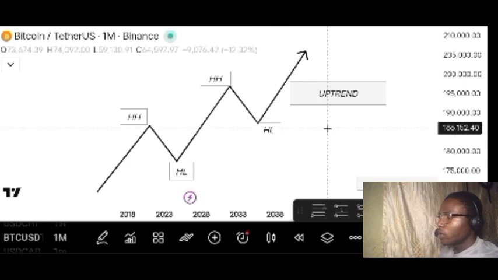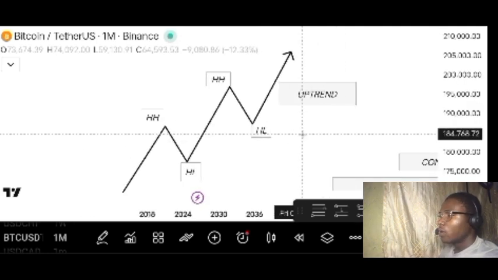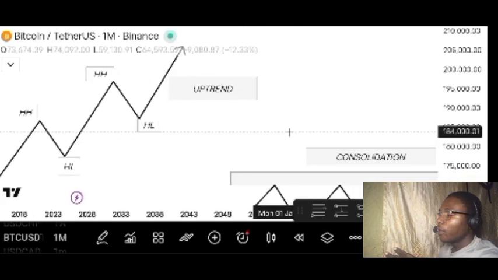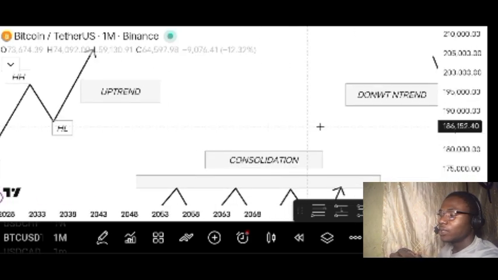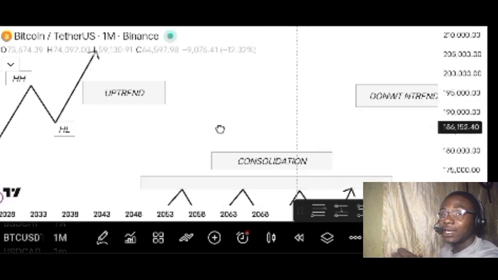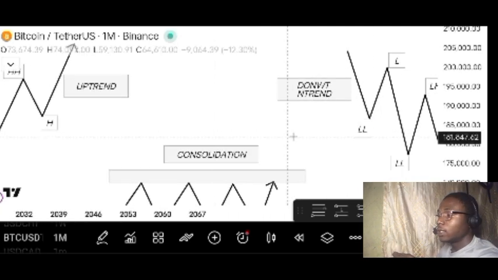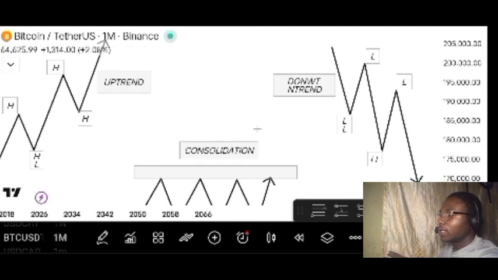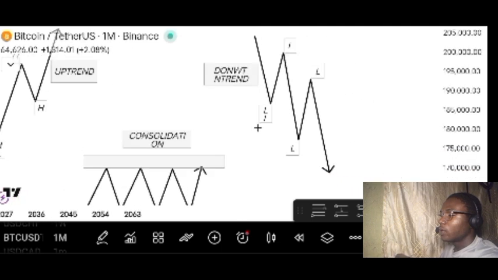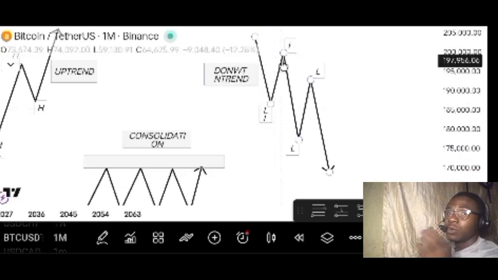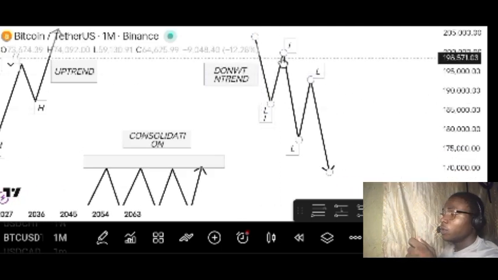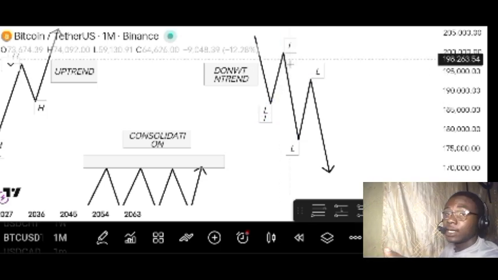Whenever you see this kind of structure in the market, you know that the market is in an uptrend. No need of misunderstanding it. You can see a break of structure. You start to mark out your breaks of structure. That is the way that you identify which phase the market is in now.